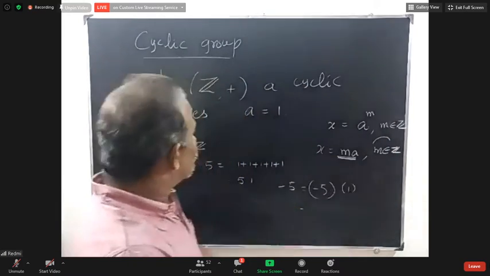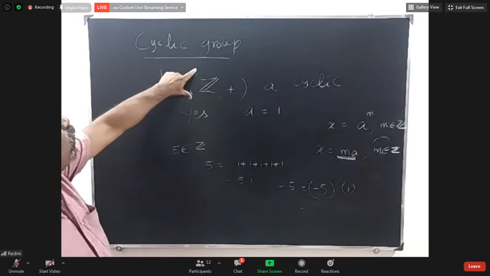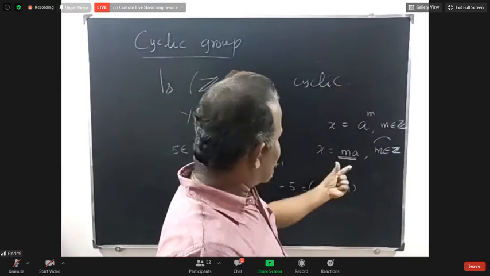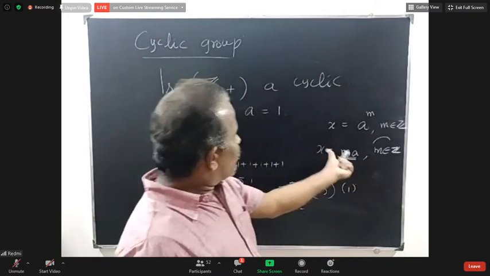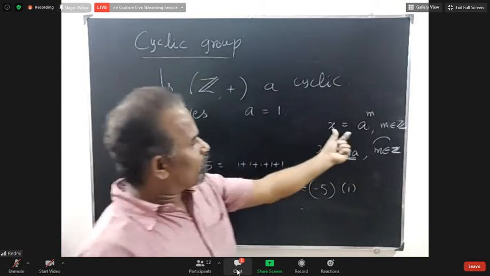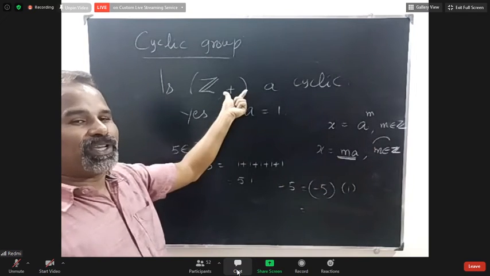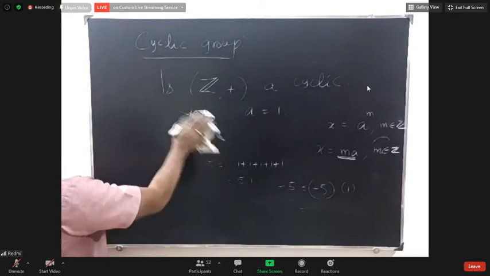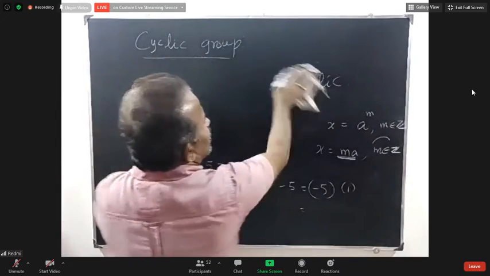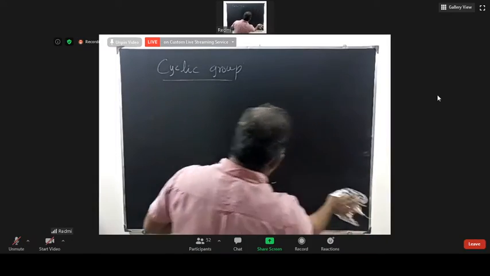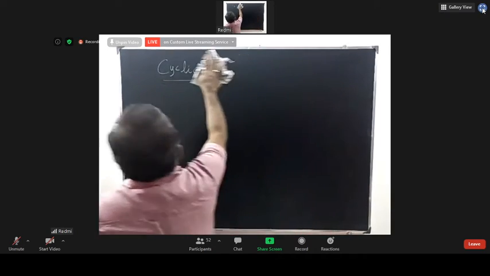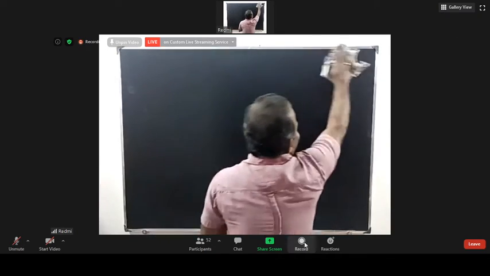So you have to distinguish a to the power m and m times a. For a group with addition it is m times a, and a to the power m is for a group with multiplication. That is most important. So (Z, +) is also a cyclic group, and 1 is the only generator.